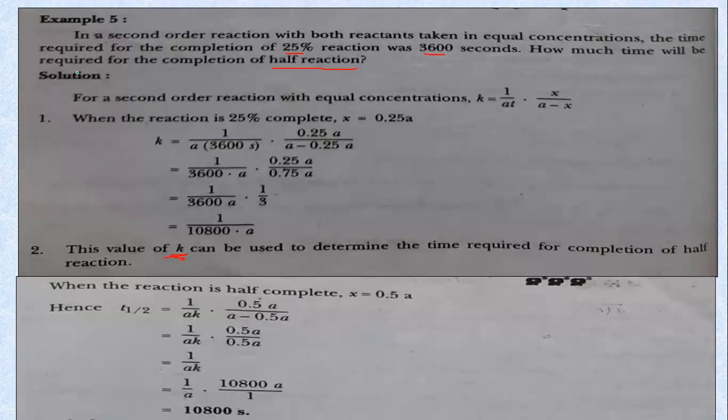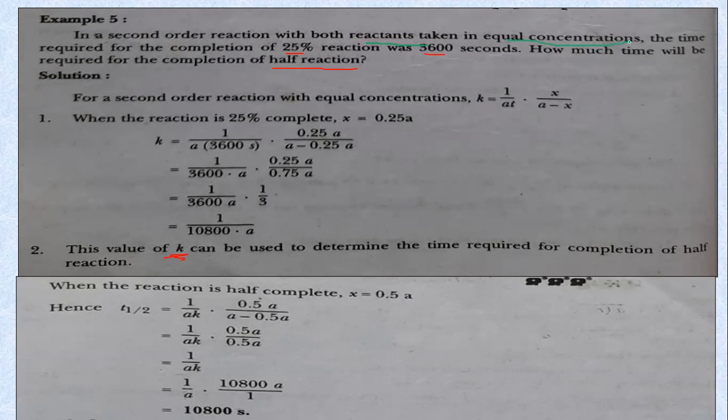So we'll see how we study the second order reaction, how different terms are calculated in the second order reaction. Consider a second order reaction with both reactants taken in equal initial concentration.